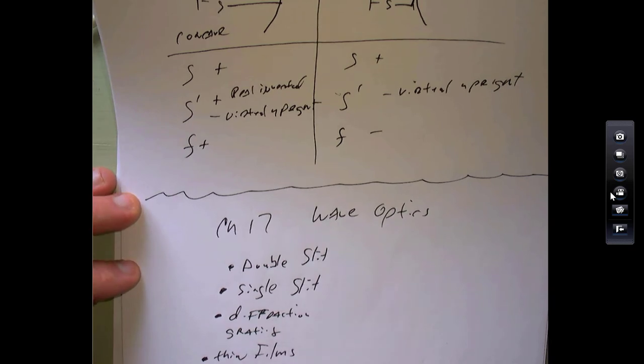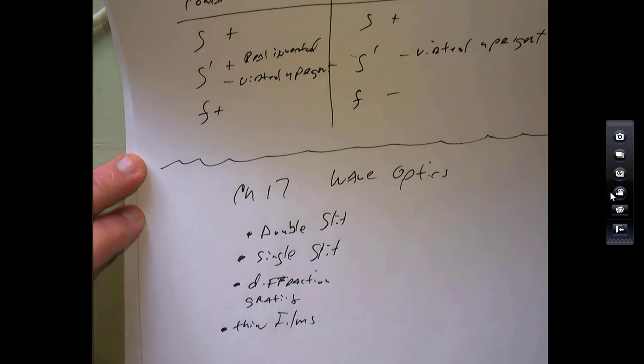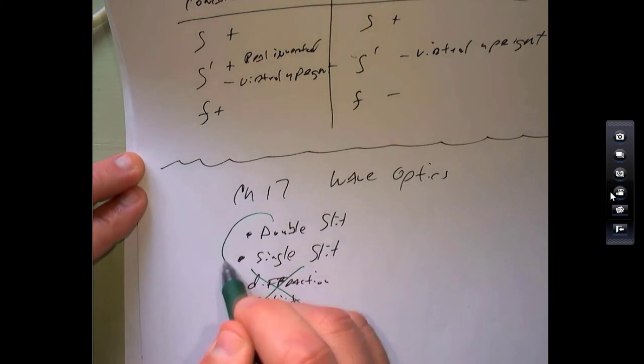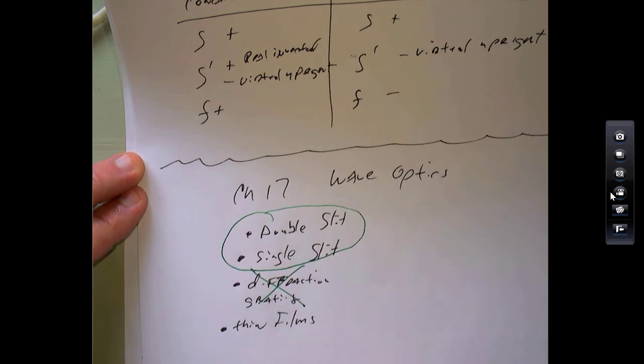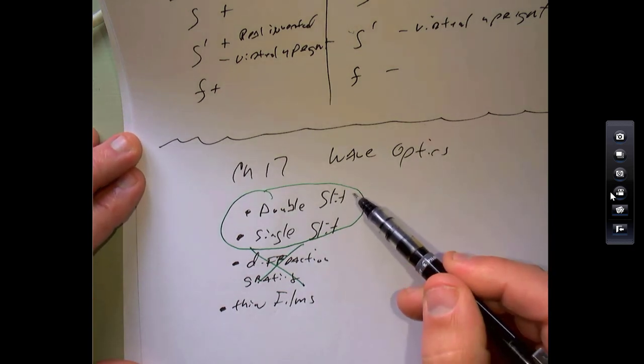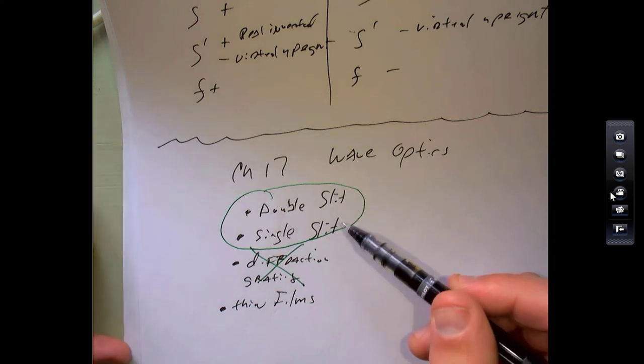Thin films. So here, let me give you a hint for the final. I did not put a diffraction grating on there, but you'll have one of these, either a double slit or a single slit problem. Very straightforward one. Just know the differences between those. Double slit gives you where the bright spots are. Single slit where the dark spots are.